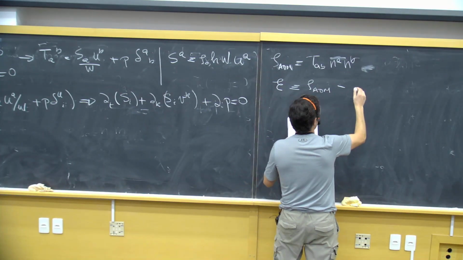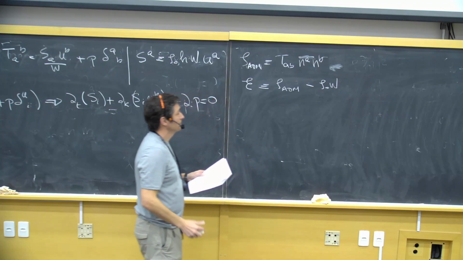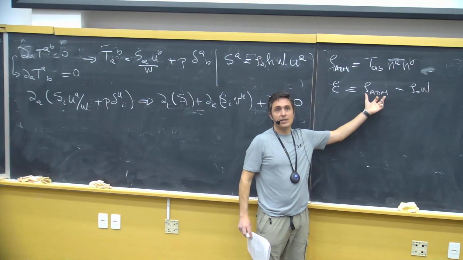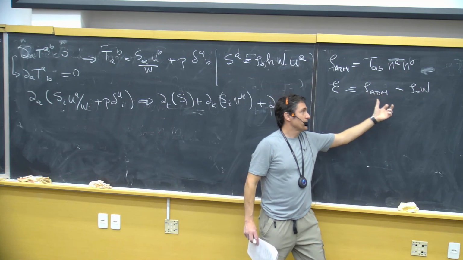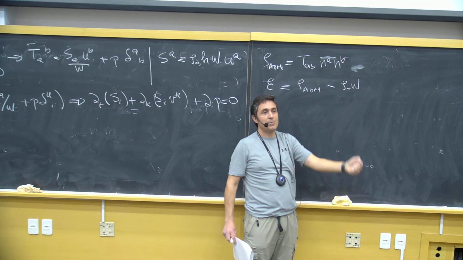minus rho 0 W, which is what we call this D. So what we're doing here is take the full energy density that our observer will measure and subtract from it the rest mass energy density. So we're just taking a piece out of it.